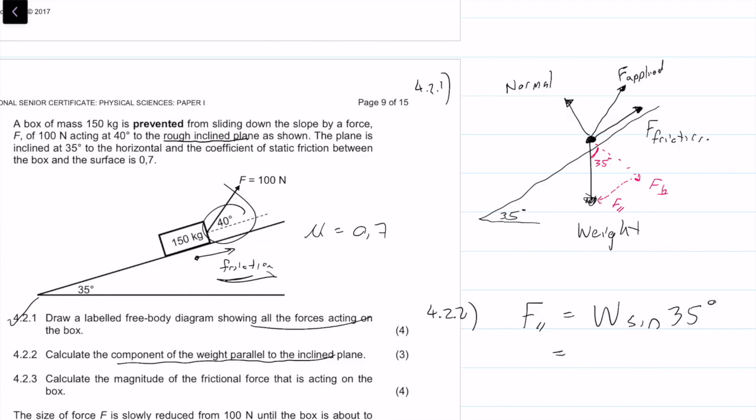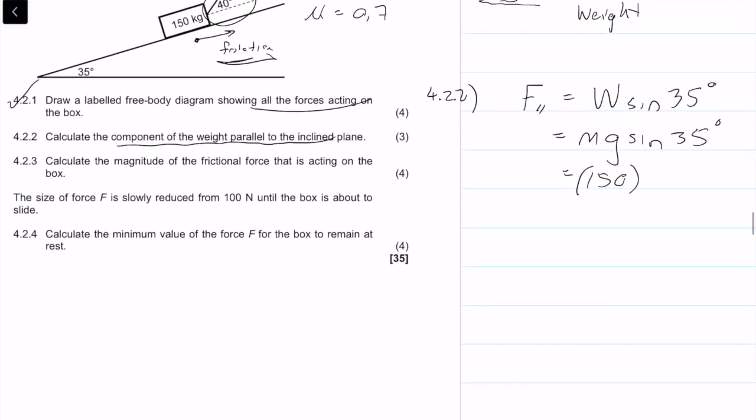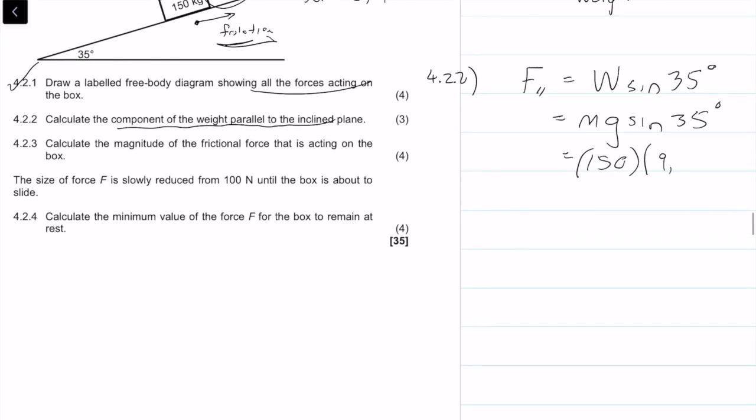So our weight is equal to our mass times our gravity, sine 35 degrees, which is equal to a mass of 150 kilograms. Gravity is a constant, which is 9.8, sine 35. So F parallel, if we plug that in, is 843.16 newtons.